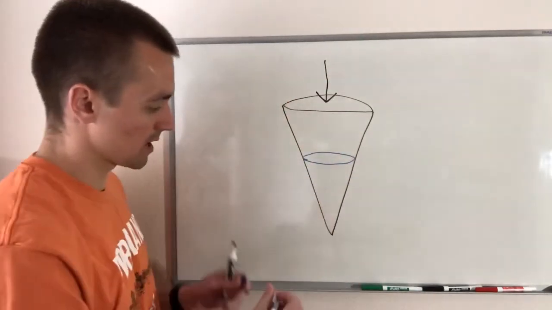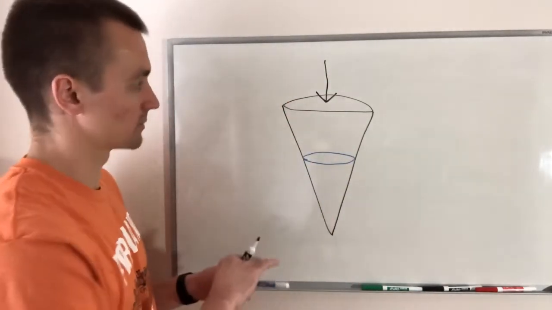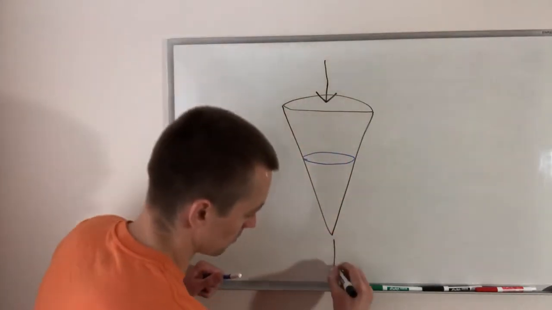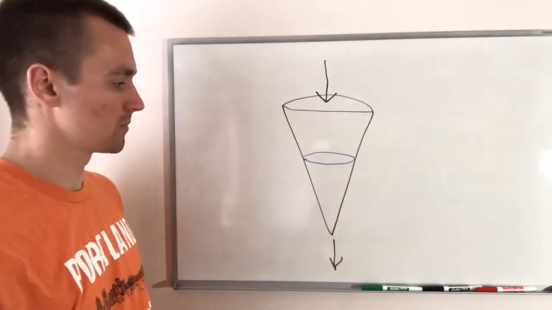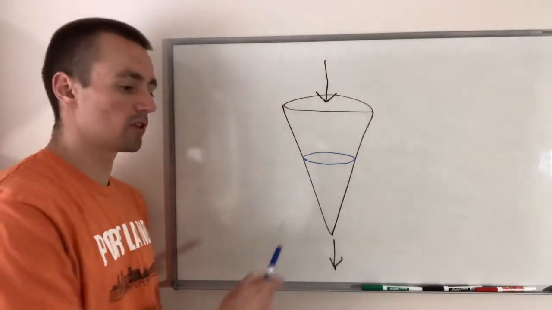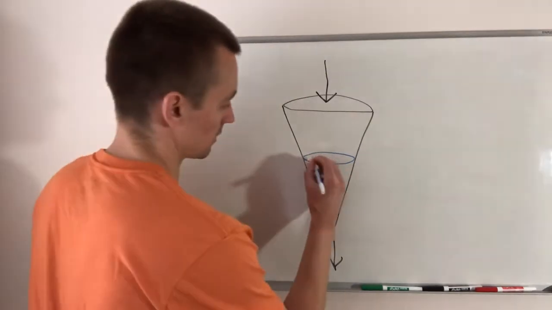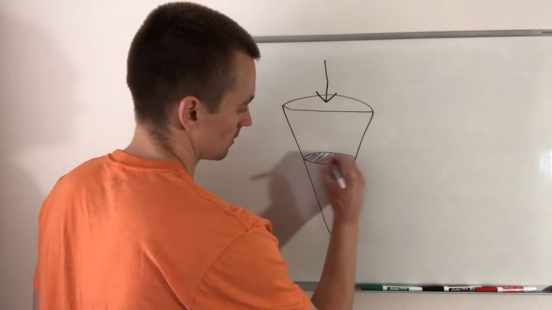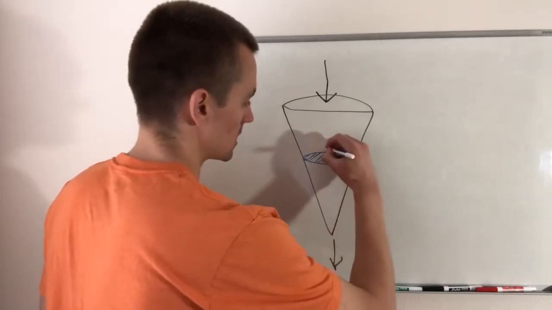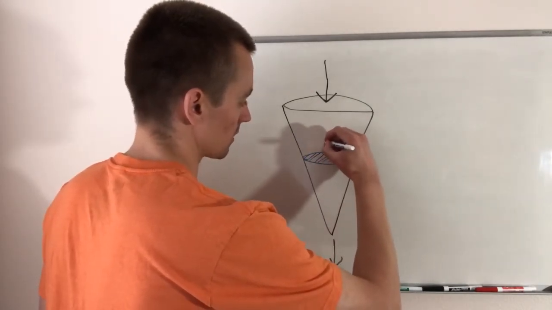And as the water's going in, there's also water going out the bottom of the cone. However, we do know that it's filling up, so the surface of the water in the cone is moving up.